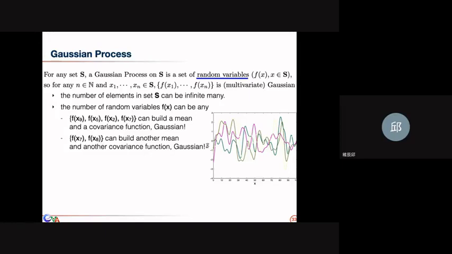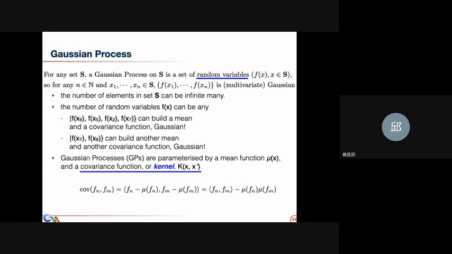For example, I can build up another small group which contains f of x7 and f of x8. Again, this small group is still distributed according to a Gaussian. So you can compute its mean and covariance function. So the Gaussian processes are parameterized by a mean and covariance function, right?